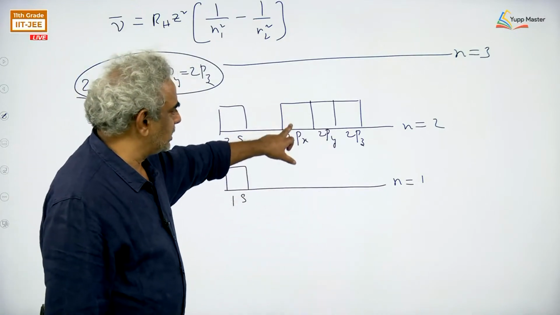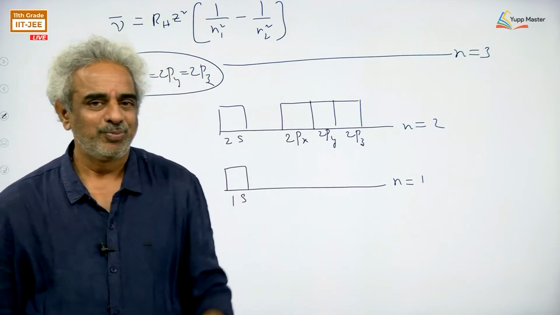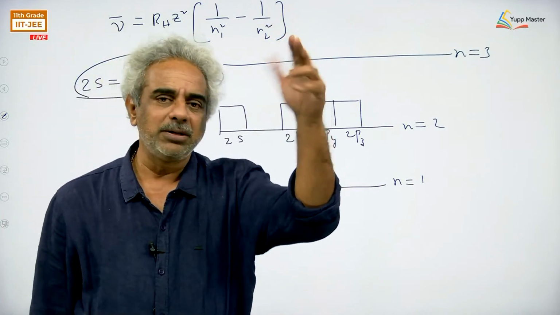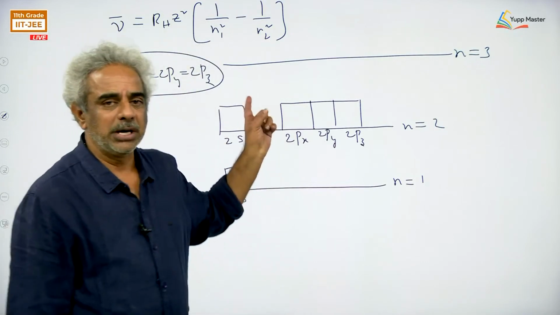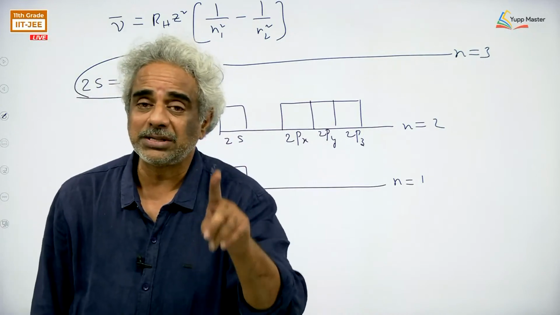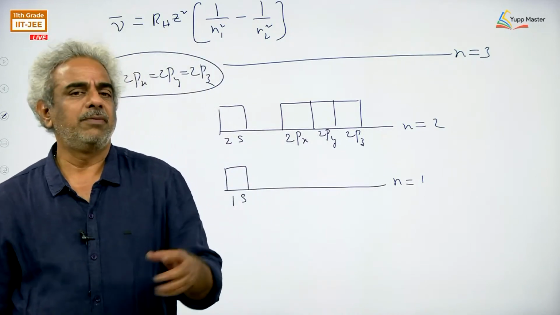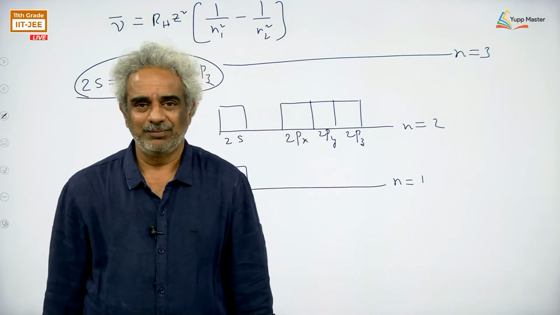But this has more energy than the previous because the principal quantum number changes. As the principal quantum number increases, energy will increase. Once the principal quantum number is the same, the energy of all the orbitals is the same if the species is a single electron species. If it is not a single electron species, their energy will not be the same.